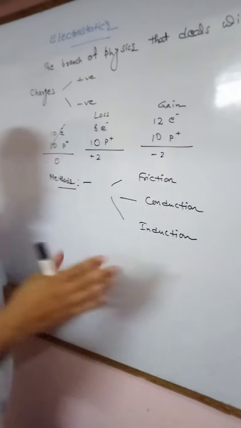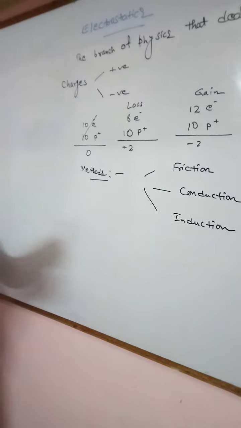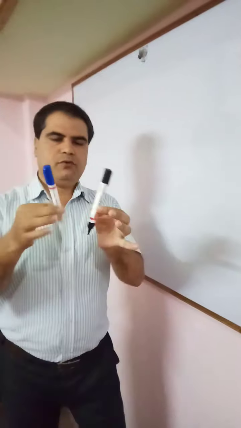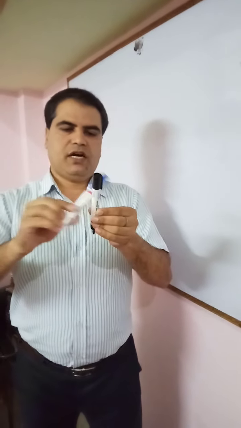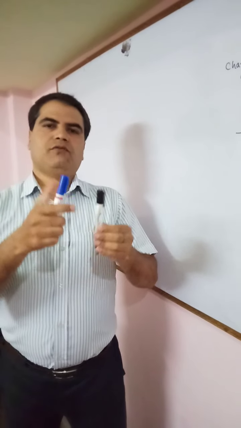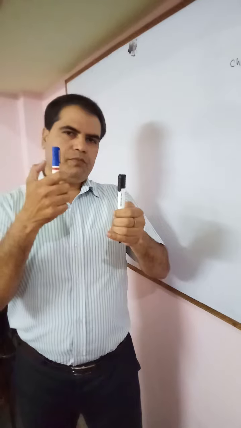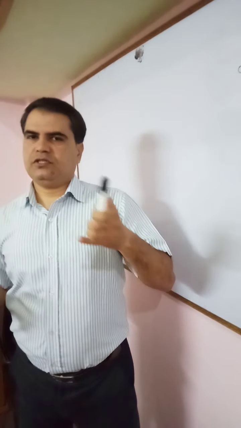In friction, what happens? We rub two things like this, so one will acquire positive, another will acquire negative. Like we have two markers over here, one is blue, another is black. Now I am rubbing them together. One will gain 2 electrons, one will lose 2 electrons. So there may be a negative charge, there may be a positive charge.